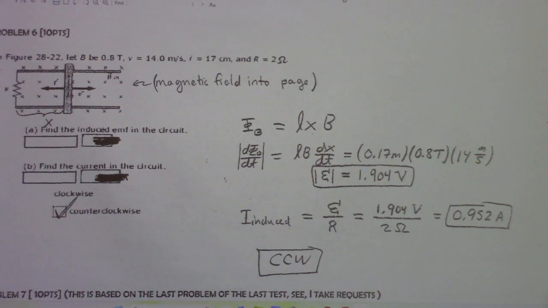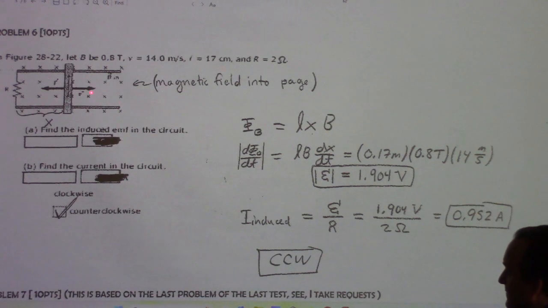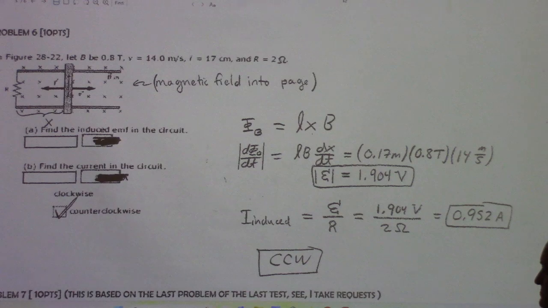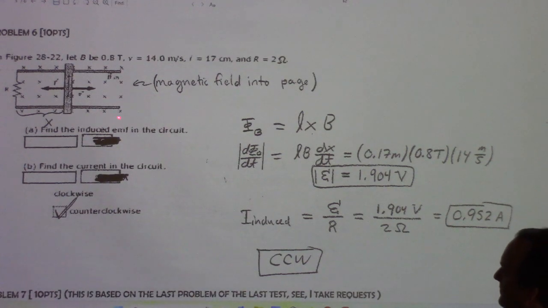So this is a very common problem. You've got the magnetic field going into the page, and you've got this bar that can slide. It's sliding with, oh man, my scan's kind of junky here, but the velocity v is going to the right.